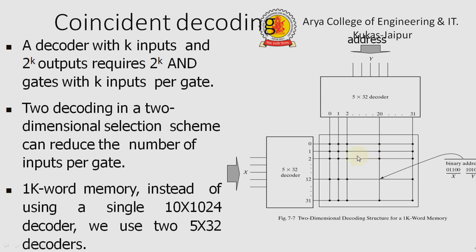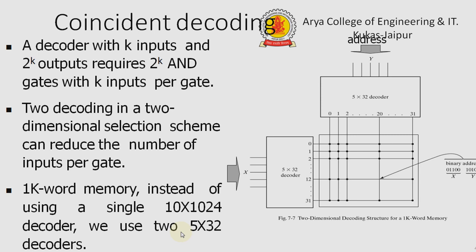For example, instead of using a single 10 by 1024 decoder, we use two 5 by 32 decoders. With the single decoder, we would need 1024 AND gates with 10 inputs each.